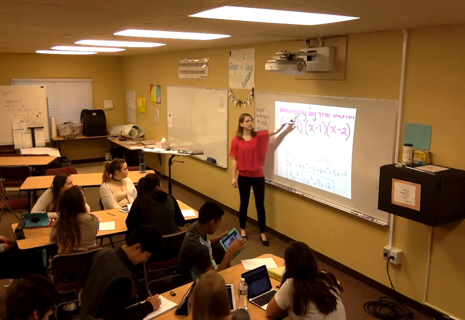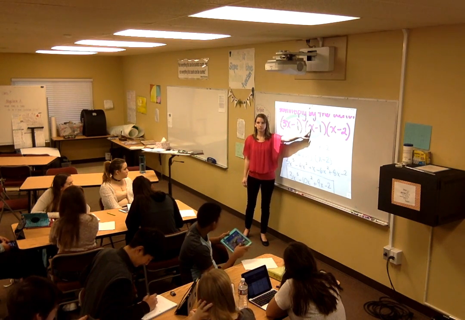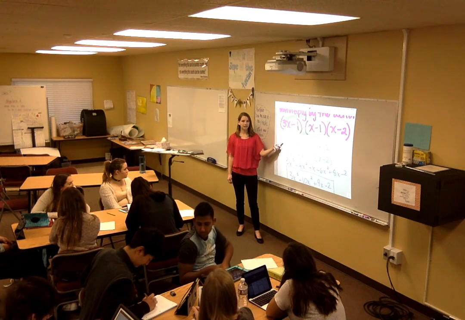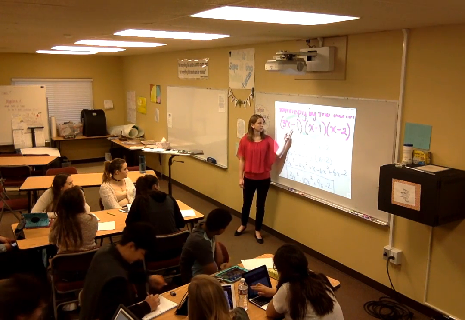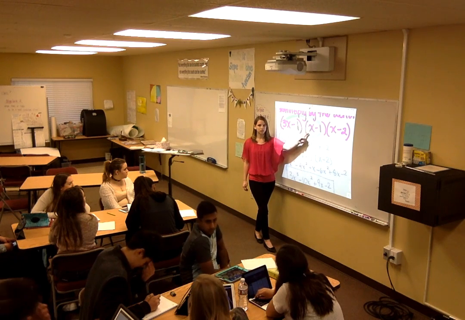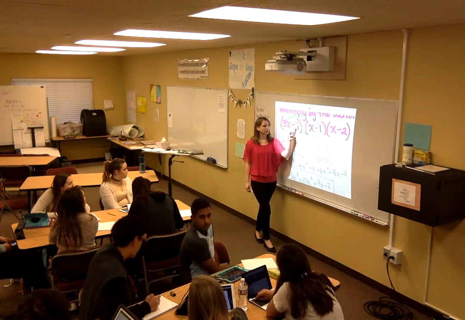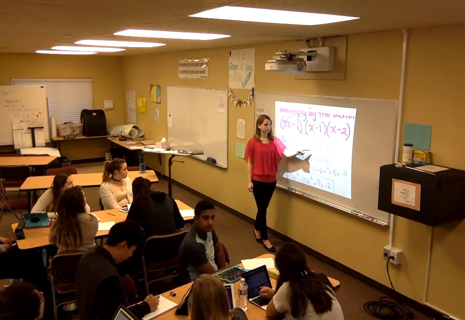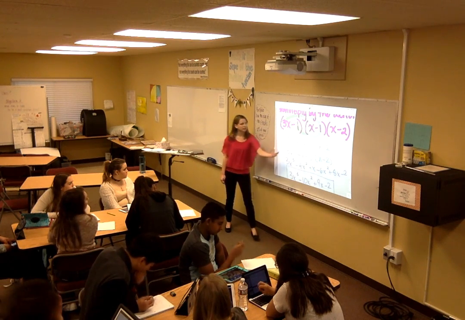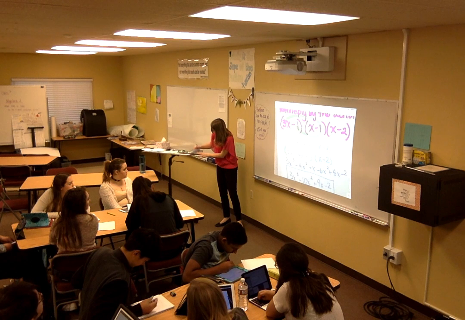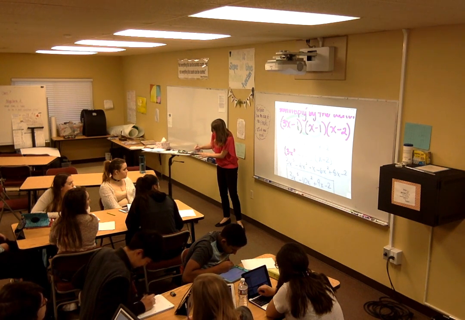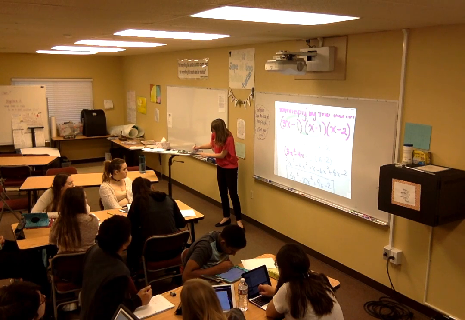What's 3x times x? 3x squared. And then 3x times negative 1? So minus 3x. Negative 1 times x? Minus 1x. Good. And negative 1 times negative 1? 1. Okay. And then I combine like terms, so I end up with 3x squared minus 4x plus 1.